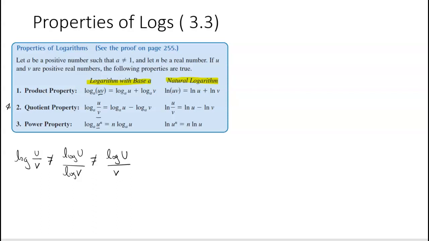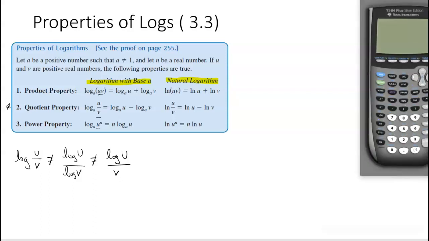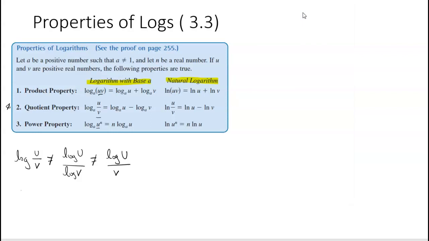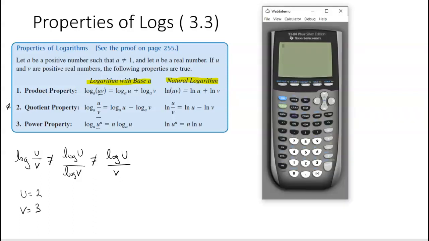So we want to be very careful and clear about this information. I want to show you via the calculator that this is actually true. For the calculator's sake, I'm going to let u equal 2 and v equal 3. If I say log of 2 divided by 3, close my parentheses, notice I get a decimal that's negative.